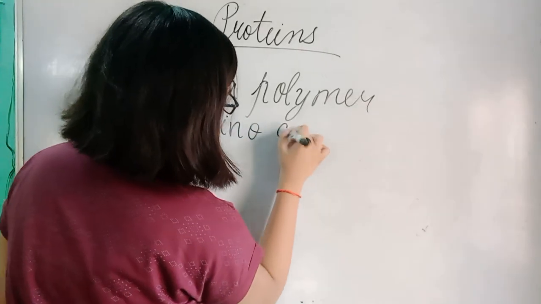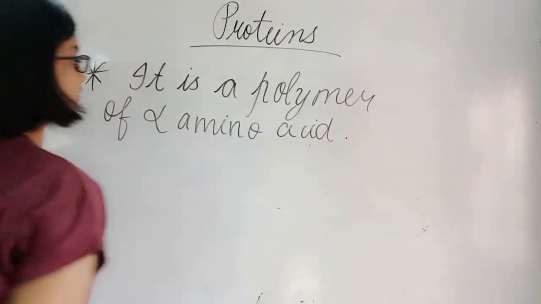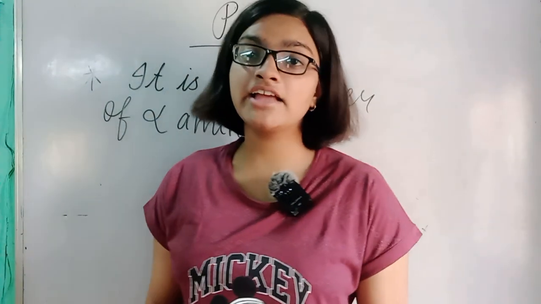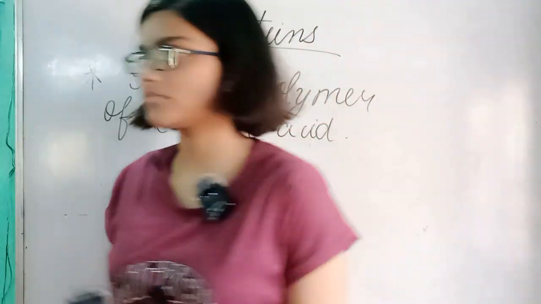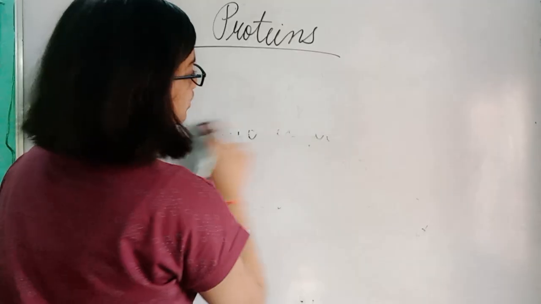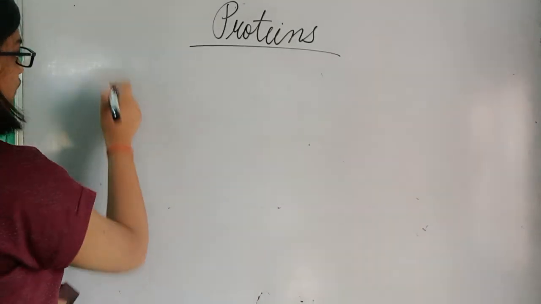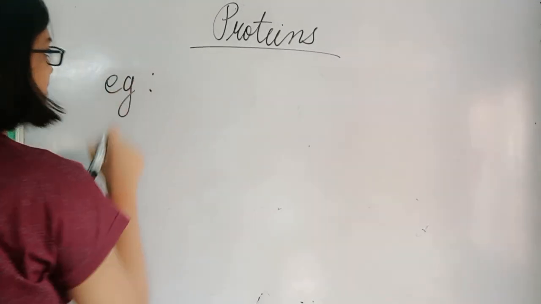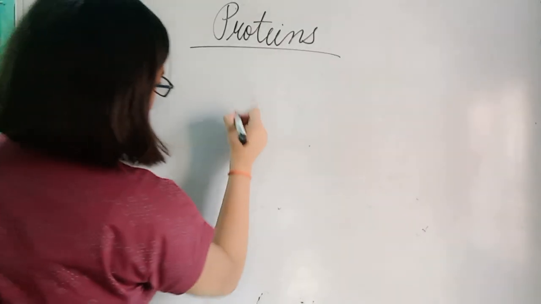Now, DNL configuration of proteins, or basically amino acids. Let us first give an example of amino acid. An example for amino acid will be alanine.